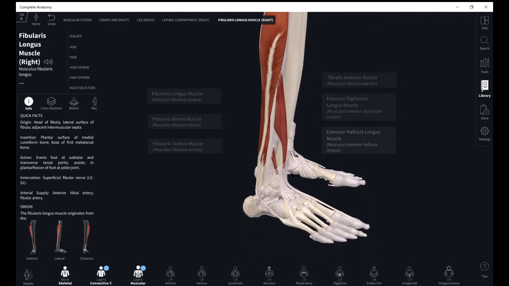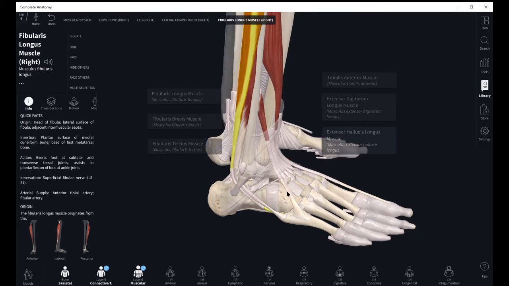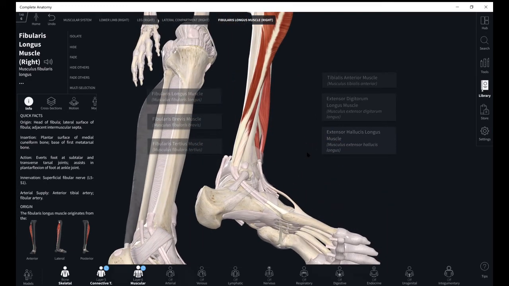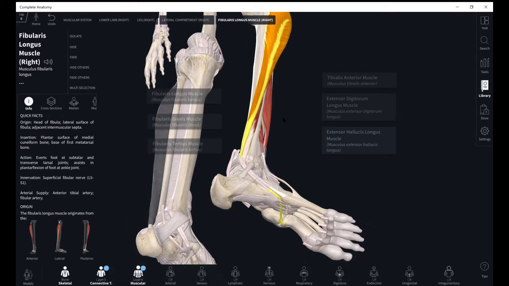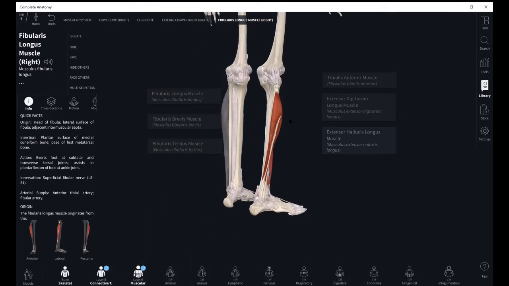So as we see that coming down and around, there is its insertion. So very circuitous route for Peroneus Longus. All right, and it's also innervated by the superficial fibular nerve L5, S1.